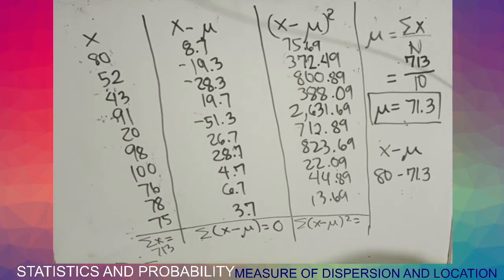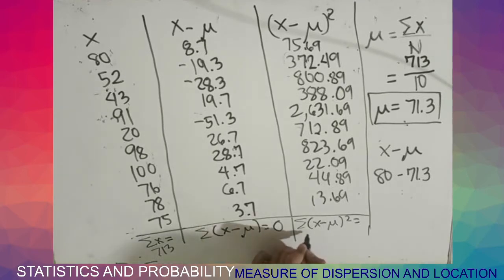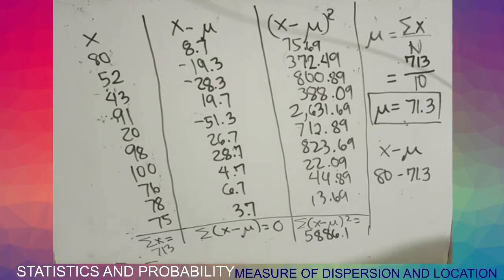So, ang kanyang sum ay 5,886.1. Kailan ba dyan sa inyo? O, hindi pa tapos. So, 5,886 yung nakuha ko.